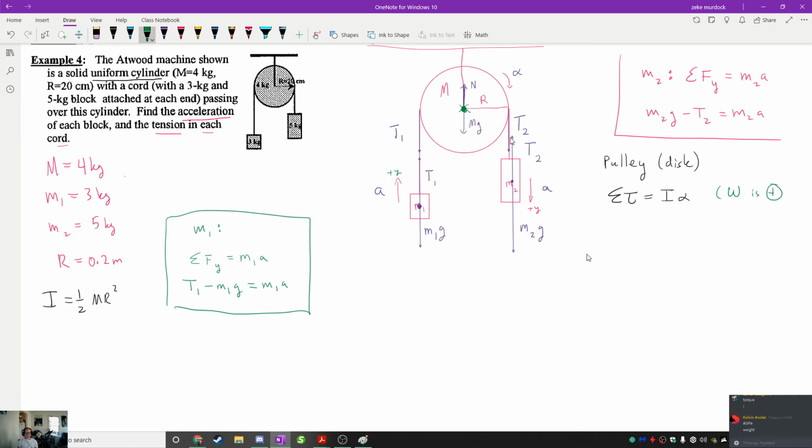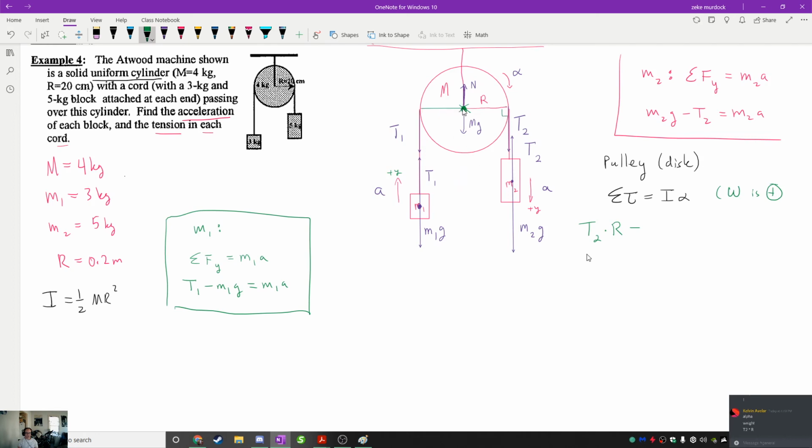Then I have these two different torques. There's a torque produced by T2 right here, and a torque produced by T1. T2 is going to produce clockwise torque. What should I write down for the torque due to this force T2 right here about that axis? Yeah, T2 times big R, right? Minus, and that's because the distance to this force is R, and the angle between that and that is 90 degrees.